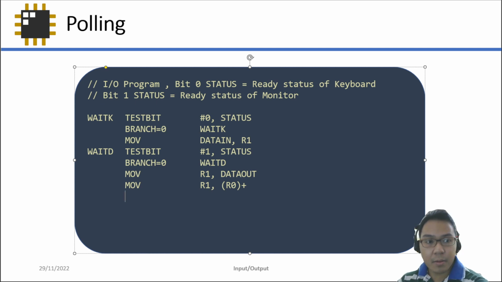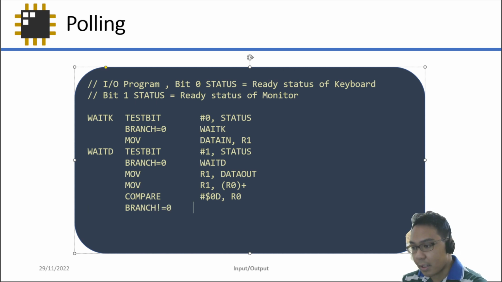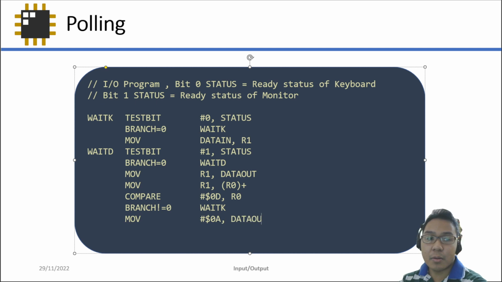Next we check whether or not it's a carriage return character, that is the enter key. If it's not the enter key, we go back and check for more inputs. But if it is the enter key, then we stop trying to get the inputs, and we send the entire line to the monitor.